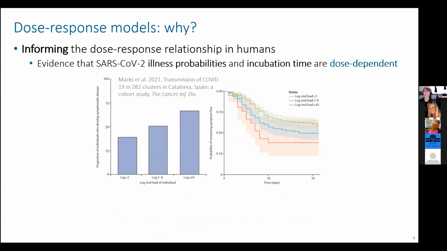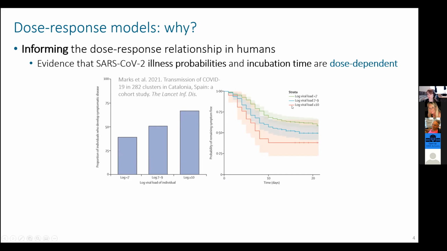Regarding the data, so far I've been talking about concepts, but there are data in the epidemiological world suggesting that there is a dose dependence of illness probability and incubation time when thinking about SARS-CoV-2 in humans. You can see, for instance, on this plot, published a few weeks ago from a really detailed cohort study in Spain, that the higher the dose people received, the more likely they were to have symptoms from SARS-CoV-2 infection.